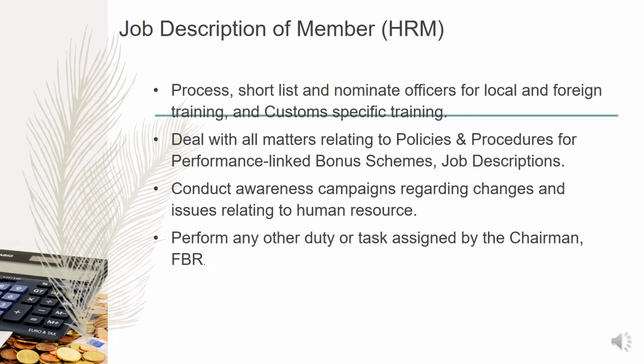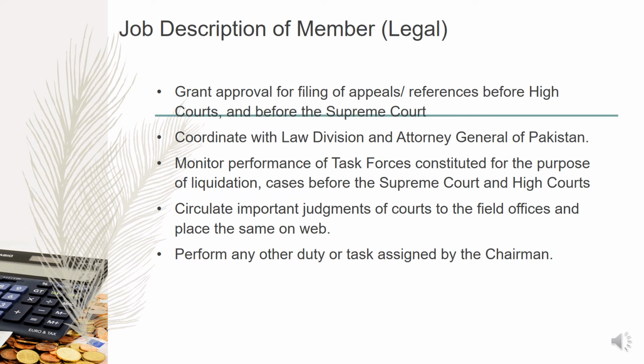They deal with all the matters relating to policies and procedures for performance linked bonus schemes, job descriptions. They conduct awareness campaigns regarding changes and issues relating to human resource, as well as they perform additional duties and tasks assigned by the chairman FBR.